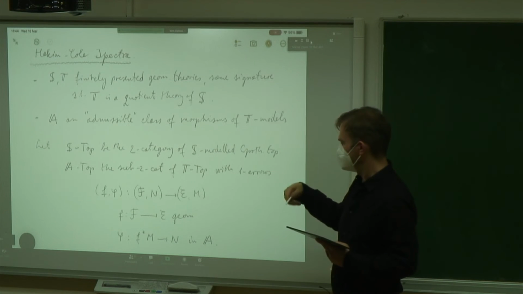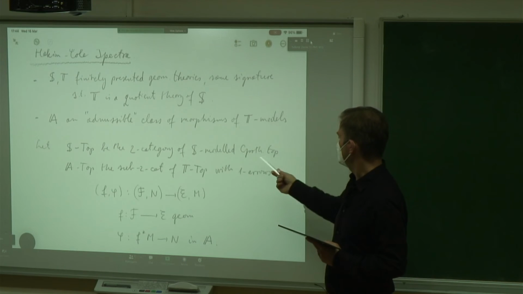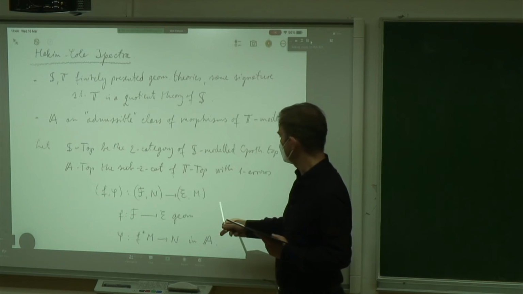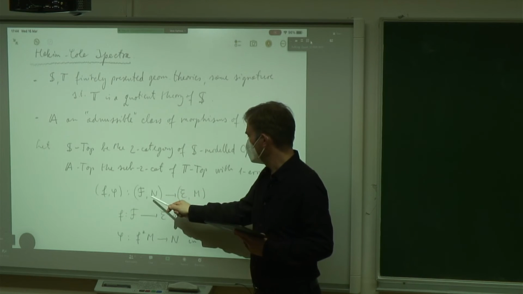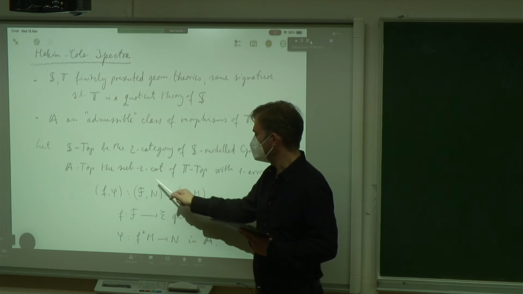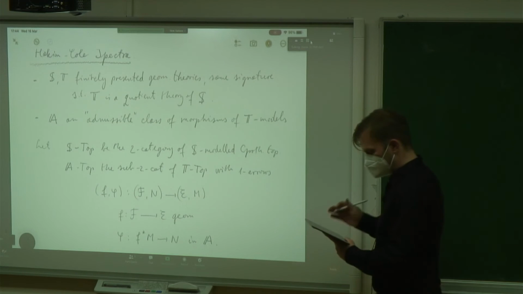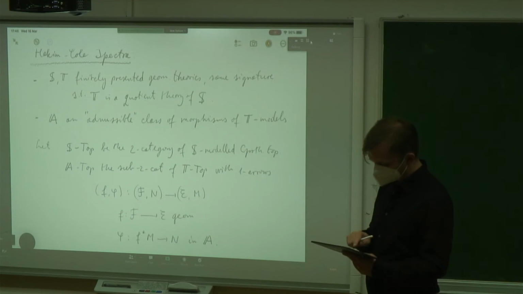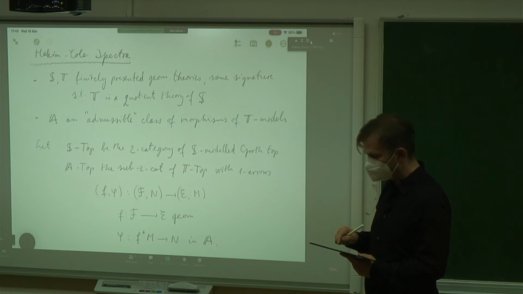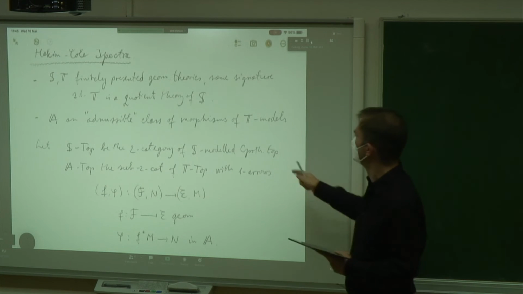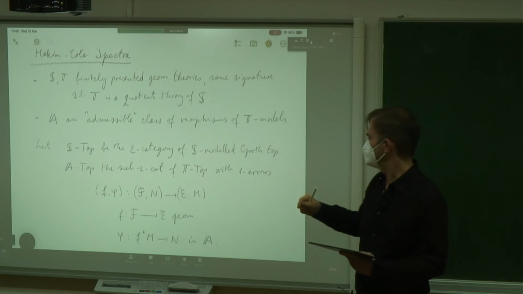As I pointed out earlier, S-modeled Grothendieck toposes are just a pair consisting of a topos and a model of S. And then A-Top is the sub-2-category of T-Top, of T-models, whose 1-arrows arise from the admissible class in this way.